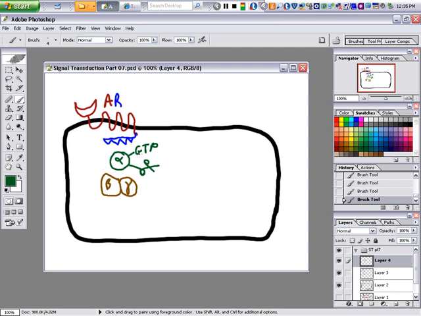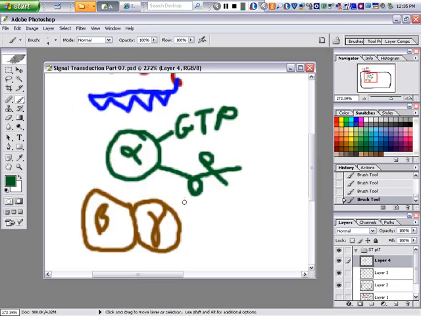What type of activity do those scissors have, if they can clip off the phosphate off of the GTP? Right. This is our GTPase activity. It clips off one of the phosphates, and then you come back to GDP. Make sense? So this is our GTPase, and it's on the alpha.